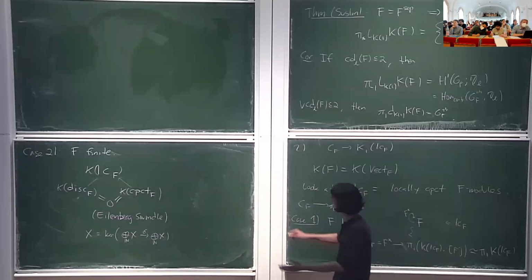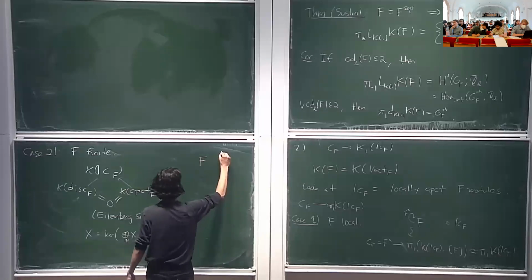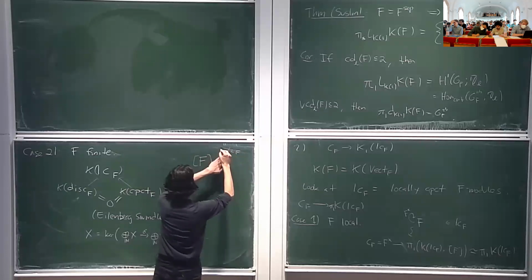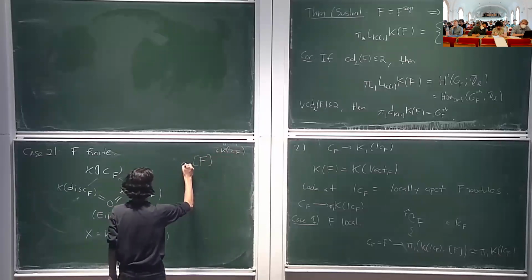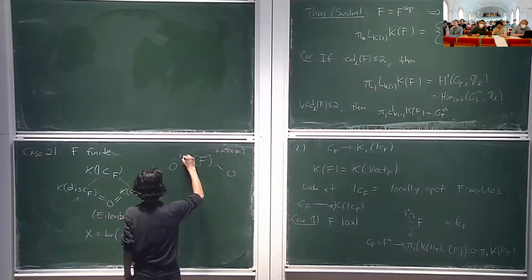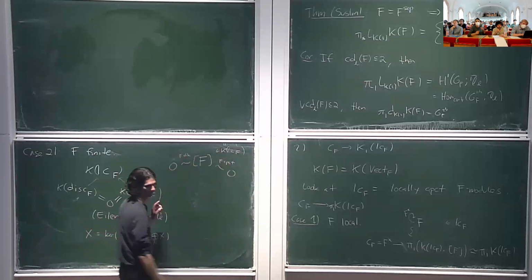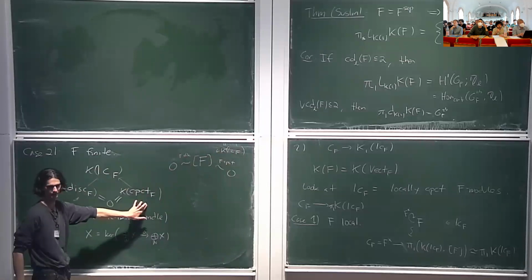So now what can we do? Now we again look at F in LCF, and we look at its induced class in K-theory. Well, then this is 0 for 2 different reasons. One is that F is discrete because it's finite, and one is that F is compact because it's finite. It lifts here, so it's 0, but it also lifts here, so it's 0.